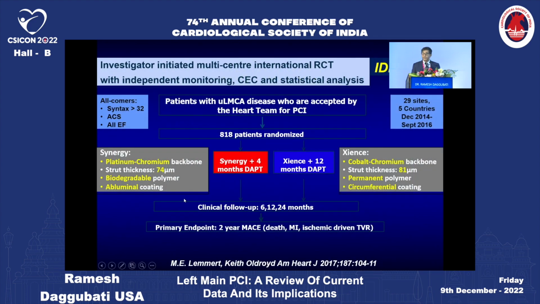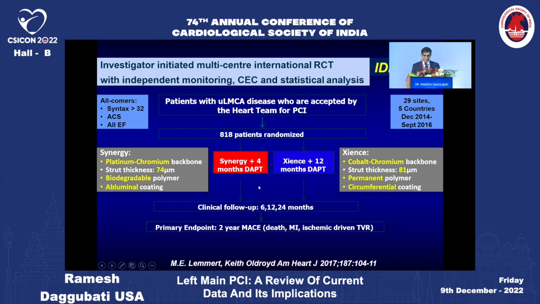And this is talking about DAPT in ideal left main. They looked at short DAPT versus long-term DAPT, using Synergy for 4-month DAPT versus Xience and 12-month DAPT in left main patients, with all-comers, SYNTAX score more than 32, ACS, and all ejection fractions.